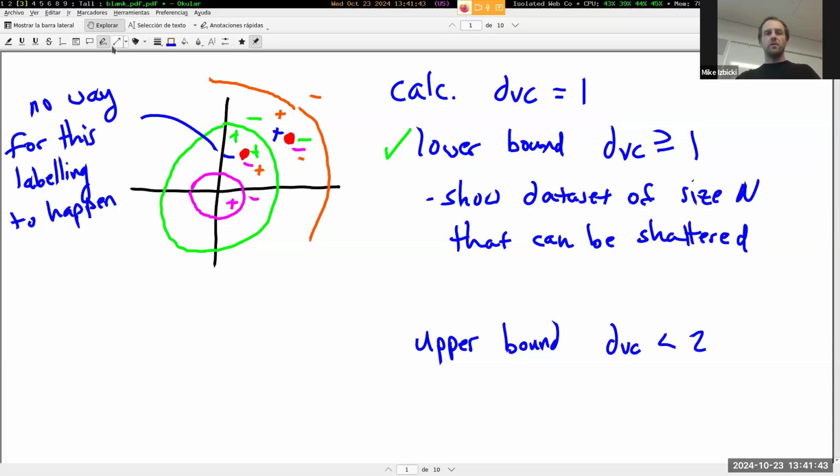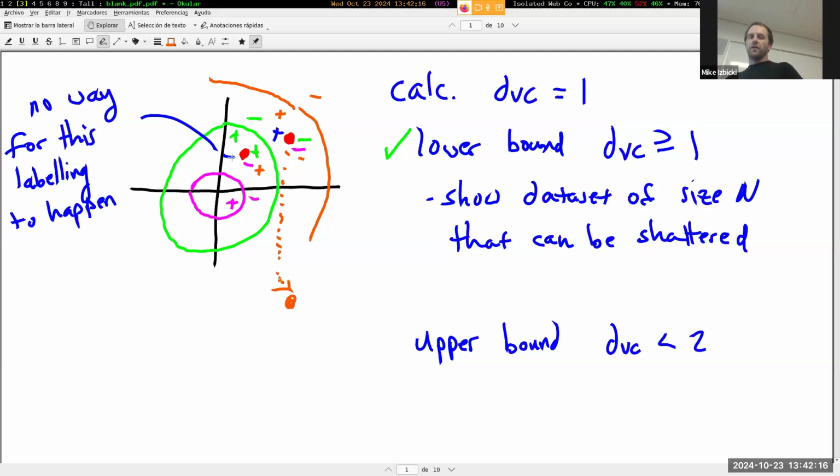So even if I were to adjust this data point and place it way down here, it doesn't matter. The thing that matters for this hypothesis class is just how far away you are from the origin. There's always going to be one data point that's closer, and that closer data point can never have the negative label while the far away data point has the positive label.